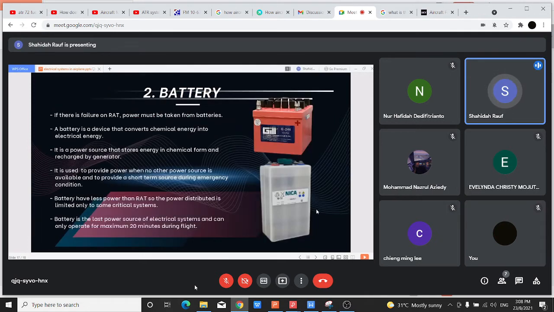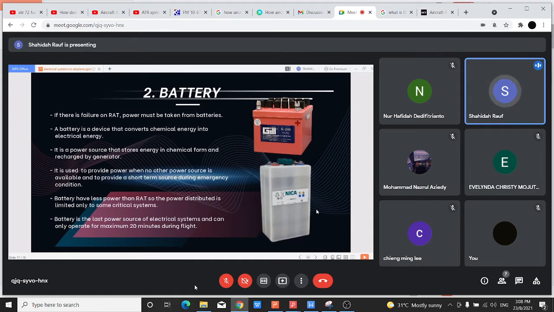Okay, the last one is the battery. If there is a failure of the ram air turbine, power must be taken from the battery. A battery is a device that converts chemical energy into electrical energy. It is a power source that stores energy in a chemical form and is recharged by the generator.